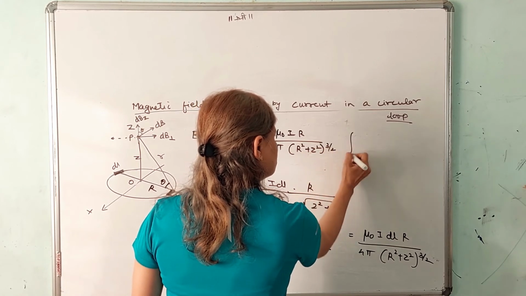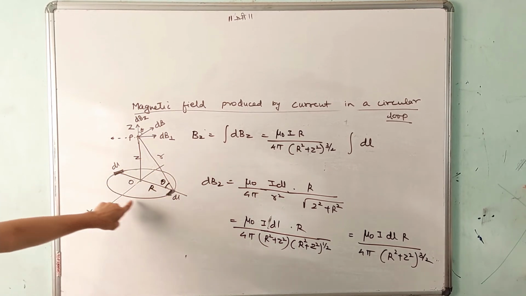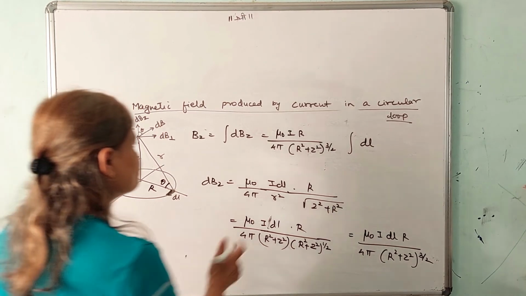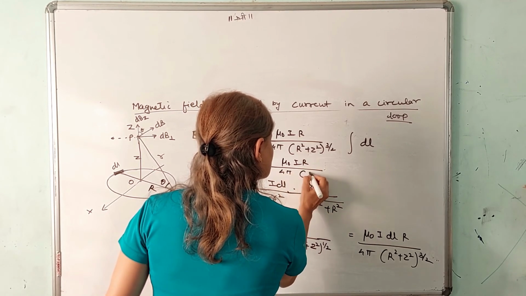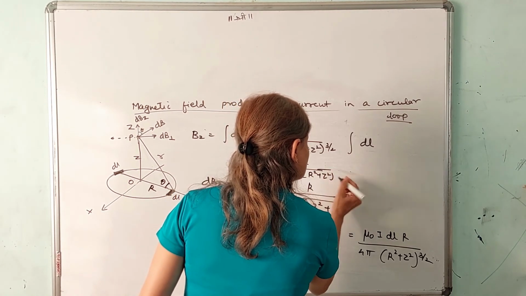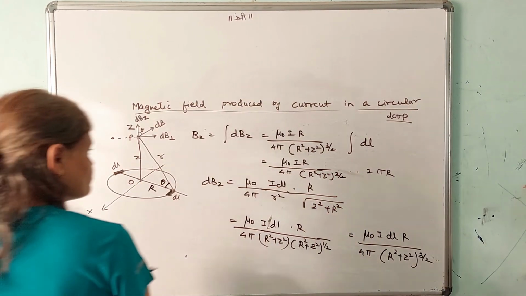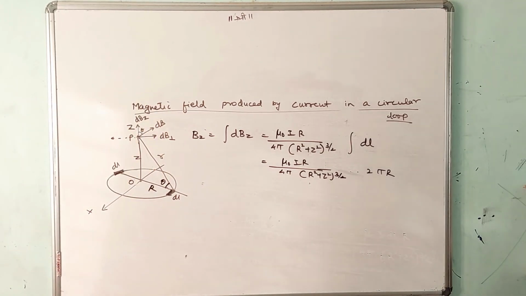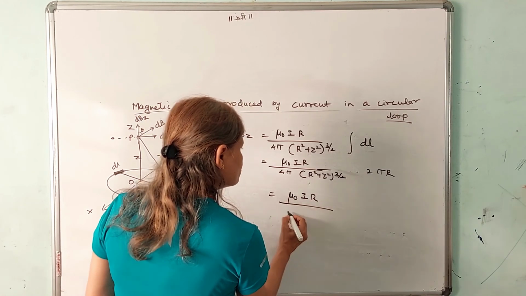Integral dl means we add all, we take the summation of all the dl elements along that circular loop, which is nothing but the circumference 2 pi R. So finally we get the formula, pi and 2 will get cancelled.